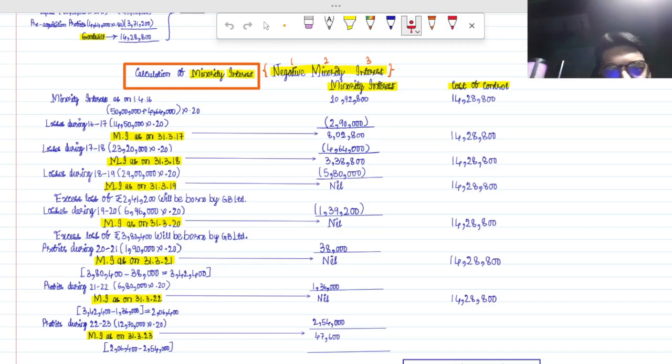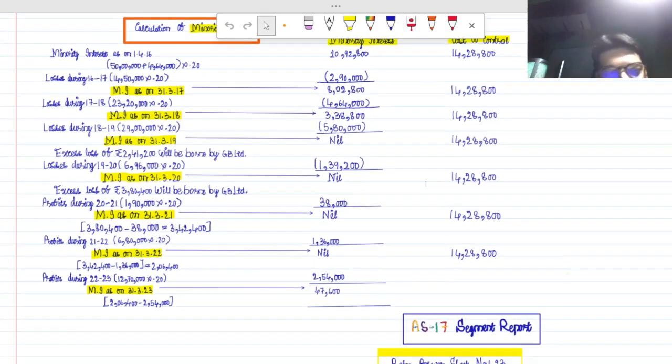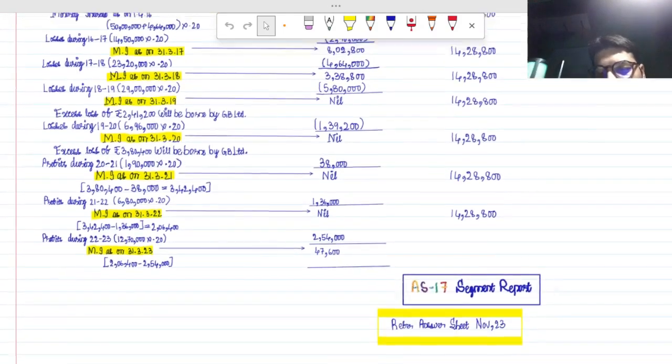After that, profit during the year, losses will be deducted. Last, as on 31st March 2018, minority interest was 47,600. This is the correct solution.